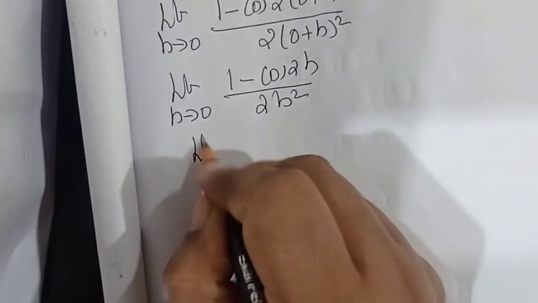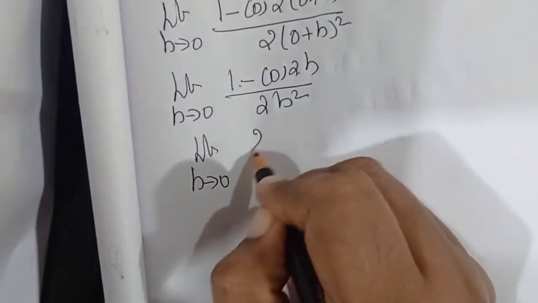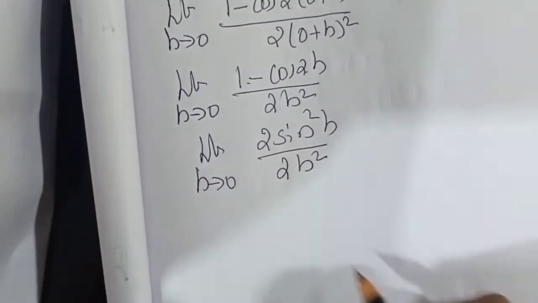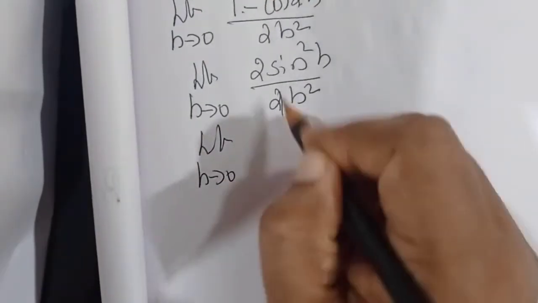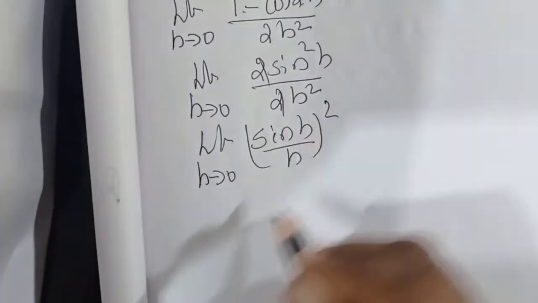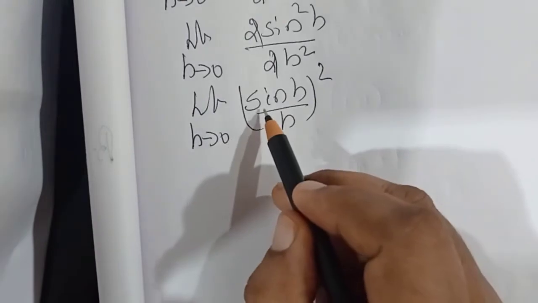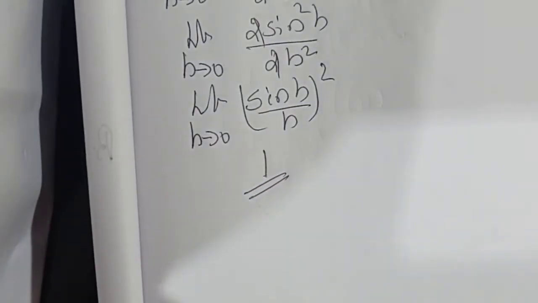Limit h tends to 0, 1 minus cos 2h means 2 sin square h by 2h square. 2 and 2 cancel, (sin h by h) the whole square. Here also we apply the same method: limit x tends to 0 sin x by x is 1. Therefore here also the value is 1.